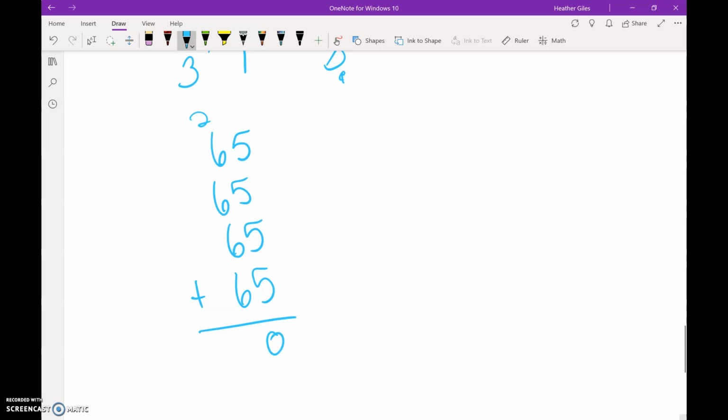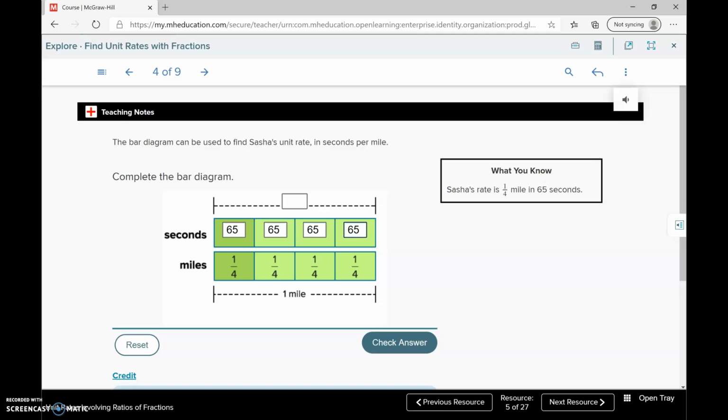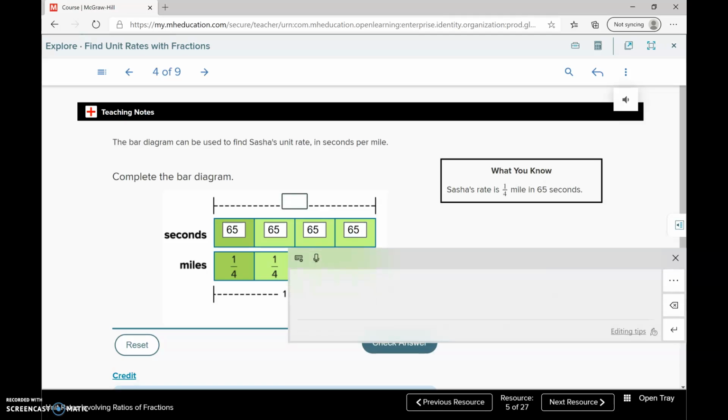And then I carry my 2: 6, 12, 18, 24, 26. Should be 260 seconds, if I did my math right, that it takes her to run an entire mile. Oh, that worked.